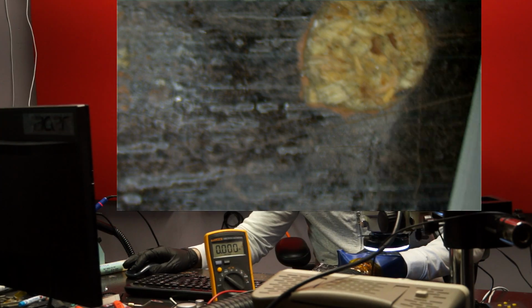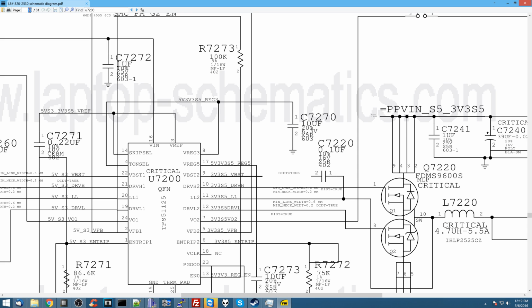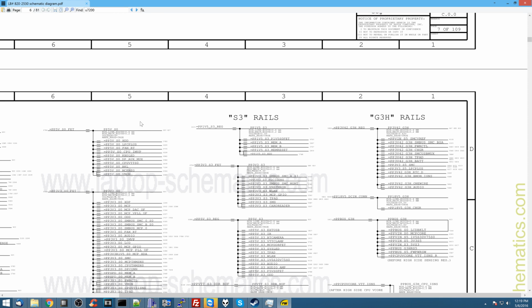All right, so down the list, and let's continue troubleshooting here. Okay. Let's go down the list. What are the other rails? I guess I should double check and make sure that PP5V_S3 is still there.